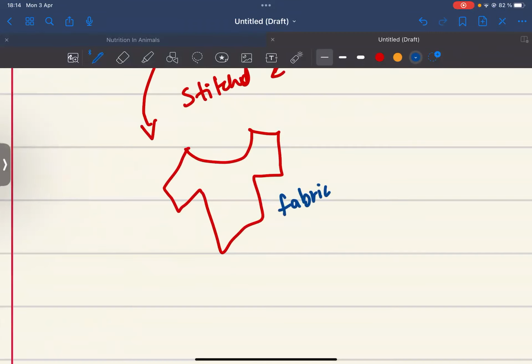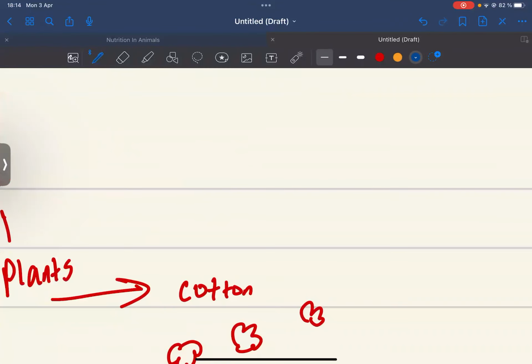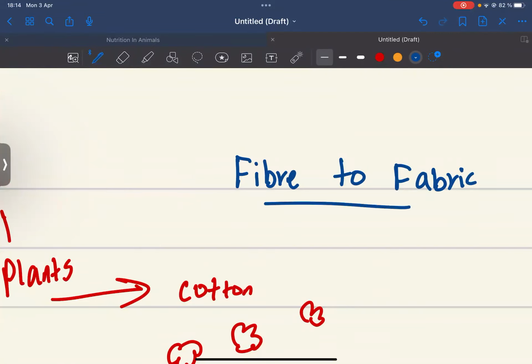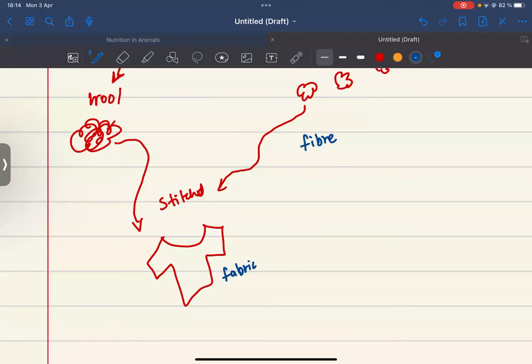From where your lesson comes, fiber to fabric. Am I clear? Now you know what the difference between fiber and fabric is. So fiber is like the basic material and fabric is like the end product.